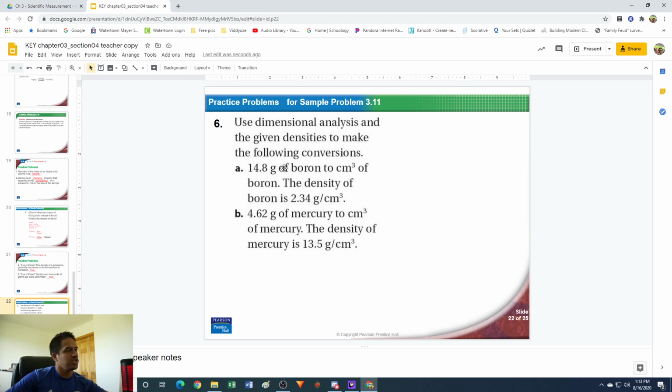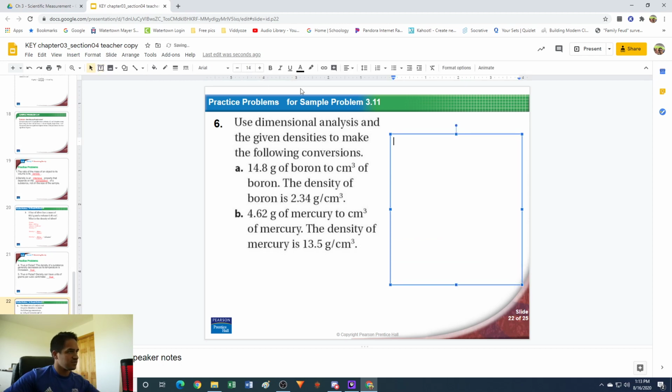Okay, so we're given 14.8 grams of boron. They want us to convert this to cubic centimeters of boron, and they give us the density of boron as 2.34 grams per cubic centimeter. All right, so let's set up a text box. Using dimensional analysis, we're going to start with 14.8 grams of boron, and we can do it over 1 if we want to, and we're going to use our densities as our conversion factors.